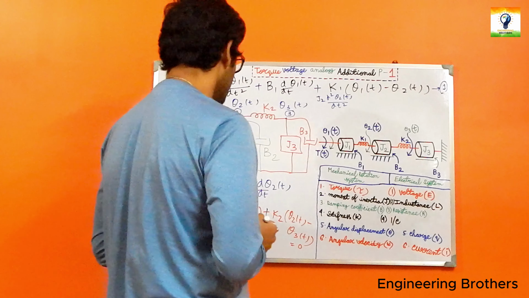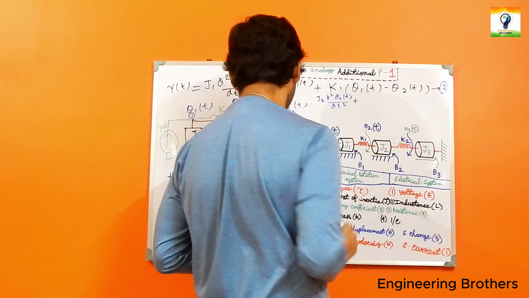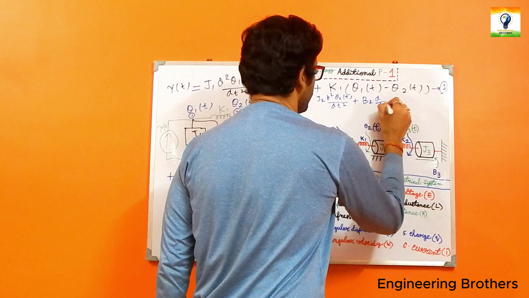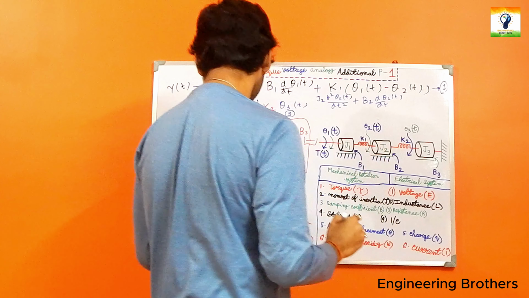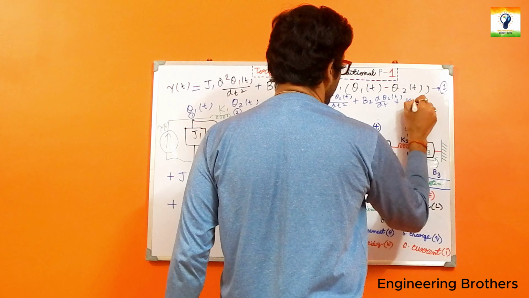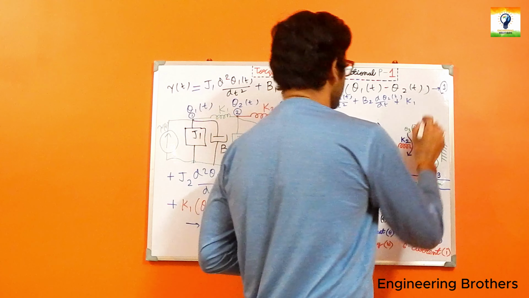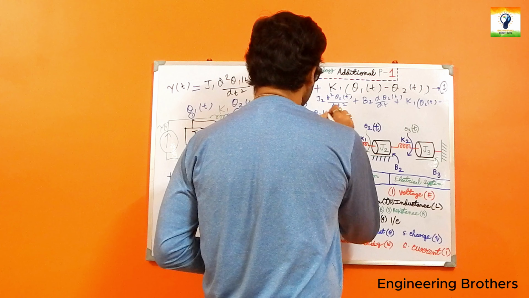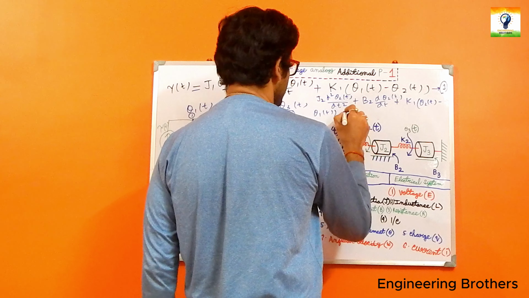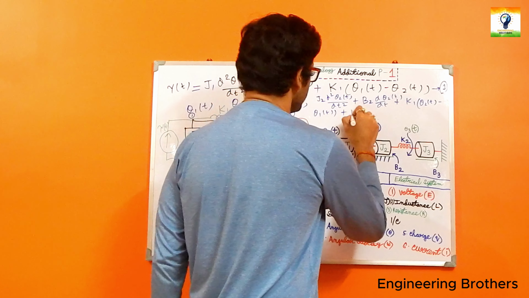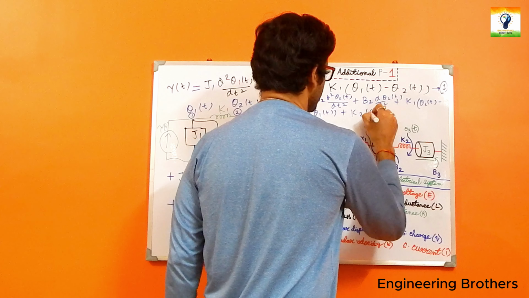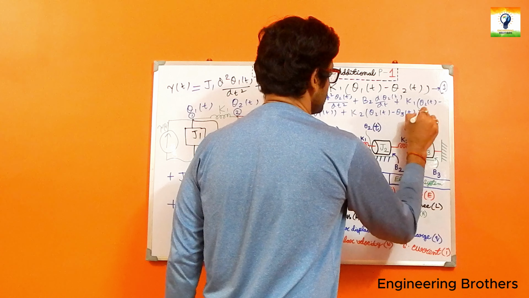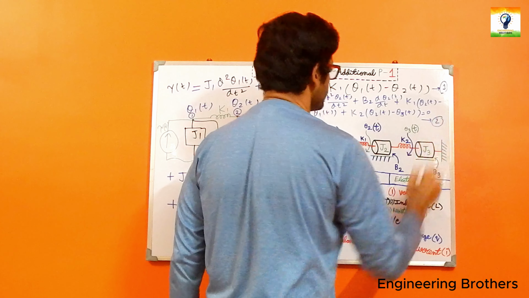So this is one way to write down our equation 2 over here, plus B2 d/dt of θ2(t) for this one, plus once again K1 multiplied by θ2(t) minus θ1(t), plus K2 multiplied by θ2(t) minus θ3, which is equal to 0. So this is quite naturally our equation 2.